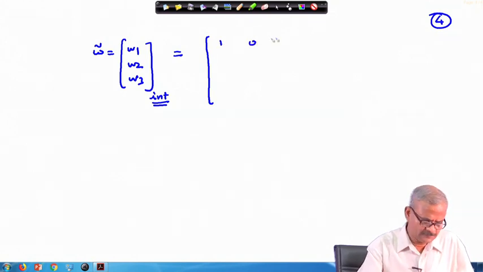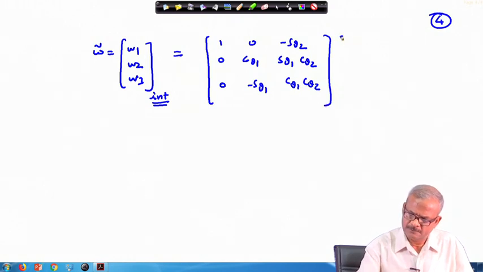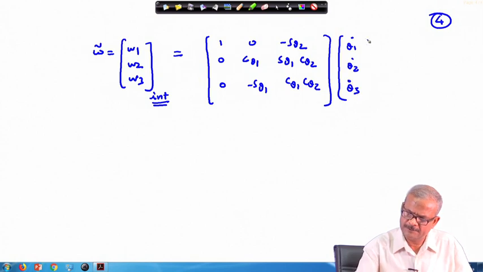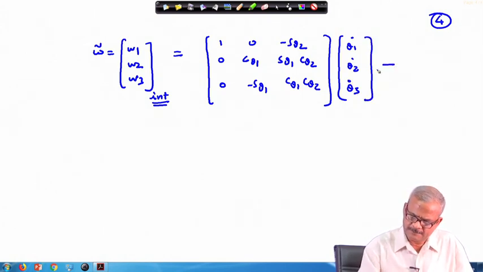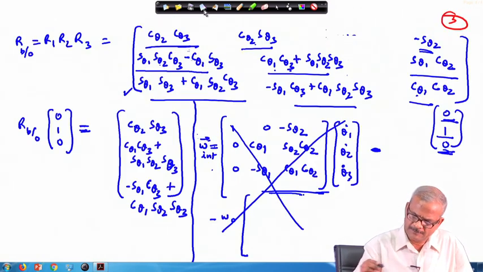So, 1 0 minus s theta 2, 0 c theta 1, s theta 1 c theta 2, times theta 1 dot, theta 2 dot, theta 3 dot, and then minus omega 0 times the other terms which we have got here.